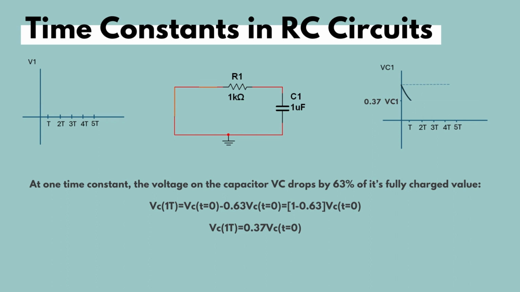That means that the voltage on the capacitor at 1 tau is 37% of the voltage at its fully charged value, which is 0.37 of Vc.